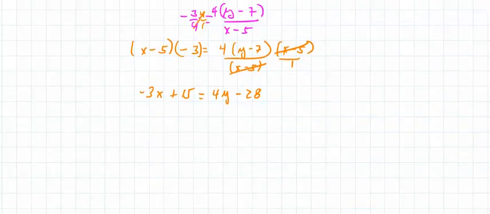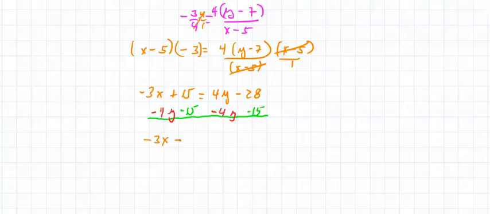All right, I want the x's and the y's on the left, so I'm going to subtract 4y from both sides. I want the 15 moved over to the other side, so minus 15 from both sides. And the result is negative 3x minus 4y equals negative 43.